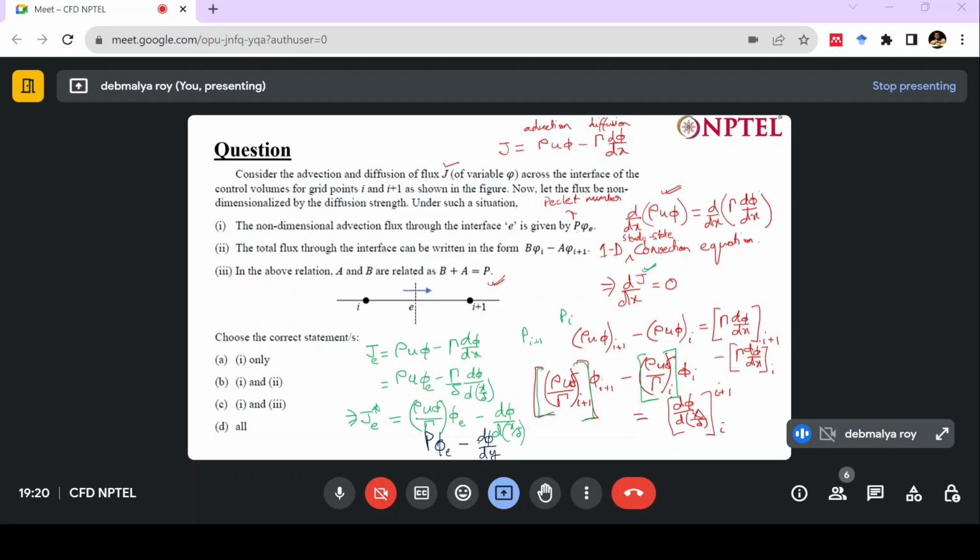We can write it as y with x by delta or any other variable that we might like. So this is also at this interface.